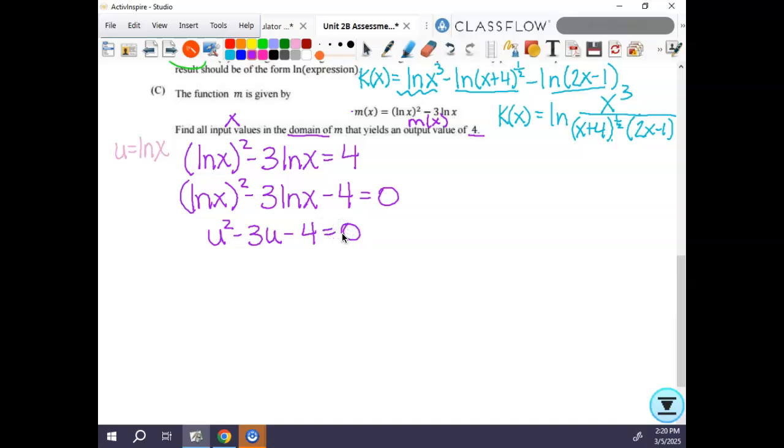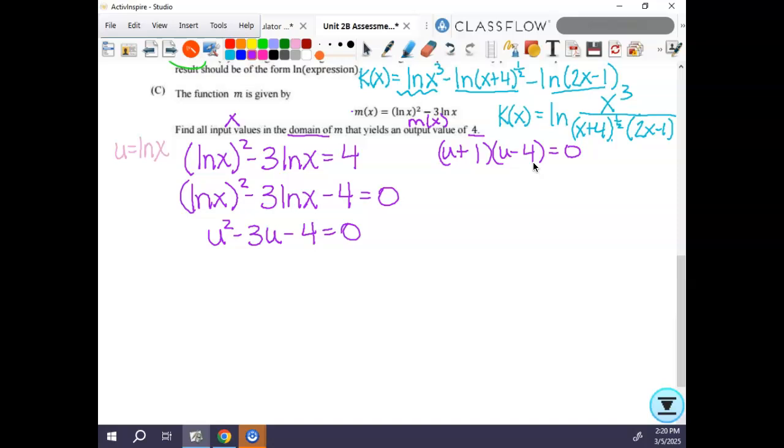Does that look a little less intimidating? Can you factor this? Good. So factor that. U plus 1 and u minus 4.